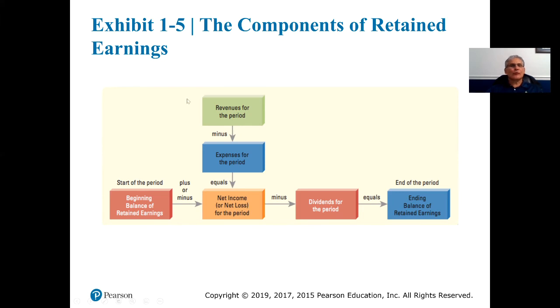Breaking down retained earnings in a little bit more detail. Where does retained earnings come from? Well, this is about revenue that's generated during a certain period of time. Sales. So if you're in business, you sell your product or service. When you sell it, you are generating sales. As an example, let's say Walmart sells every day.